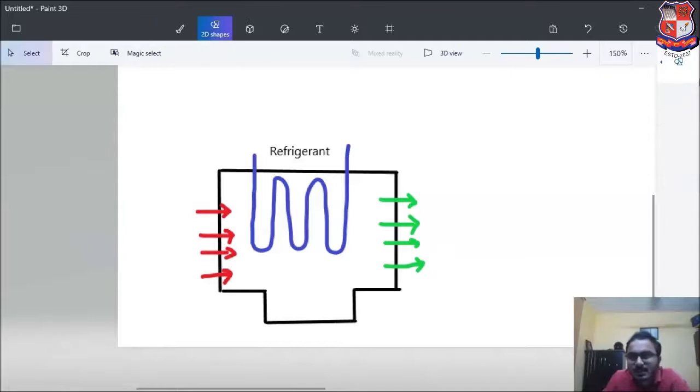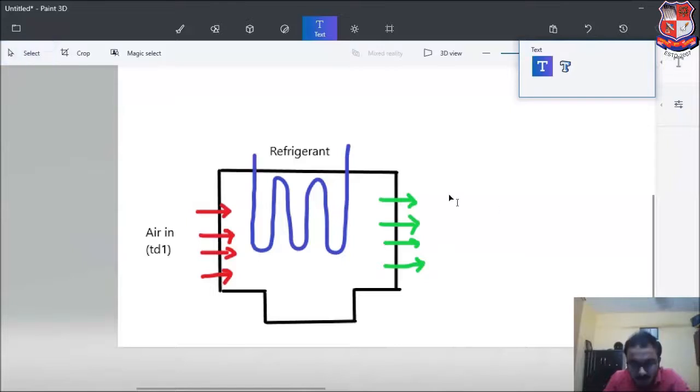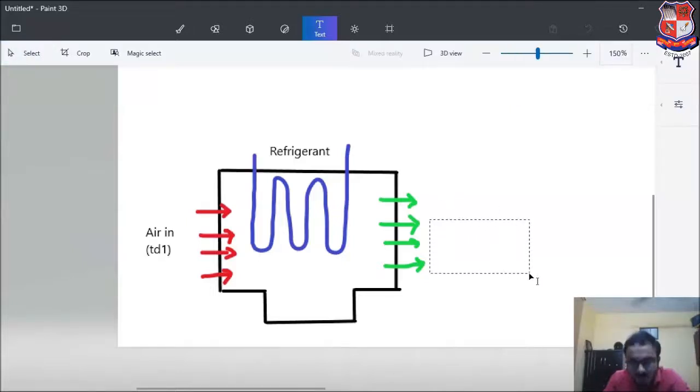As far as the temperatures are concerned, here air in at TD1 temperature, and here air out at TD2 temperature.